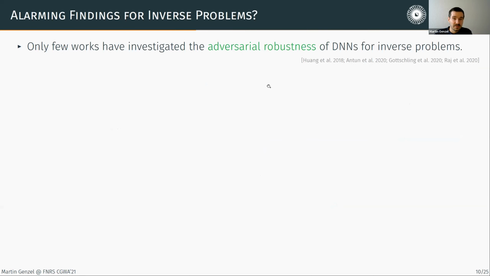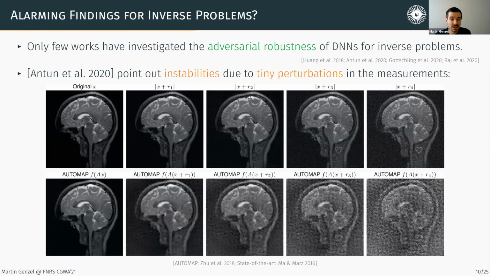Okay, so as a matter of fact, there are much fewer works on this in the literature, but there are a few indeed. And the one that I particularly wish to mention here, and which was also inspiring for us, is a recent PNAS paper by Antun et al. And in their paper, they made some worrying findings. The picture that you can see here is taken from their paper.